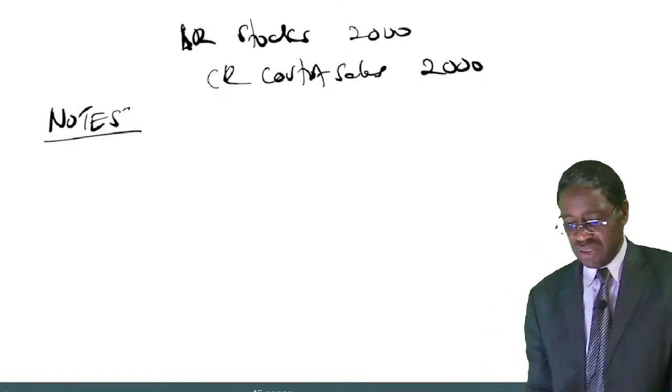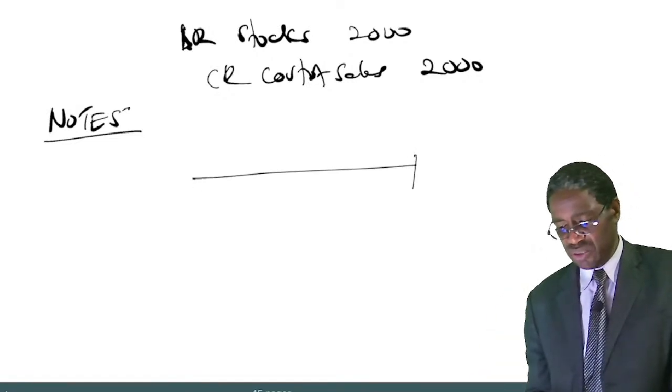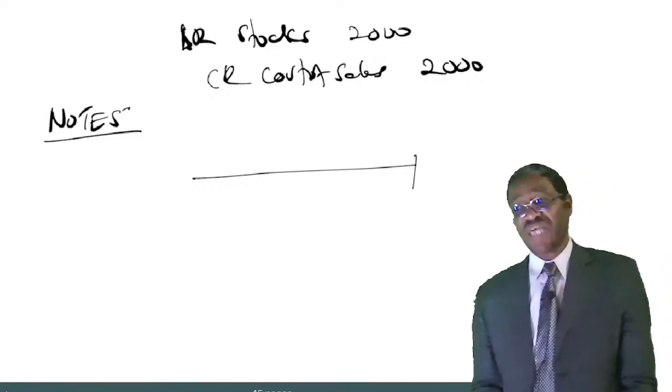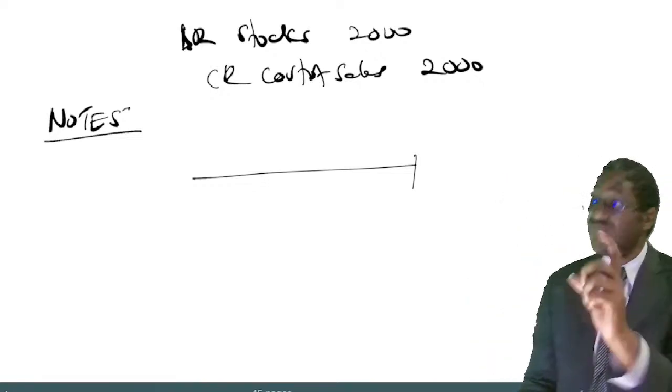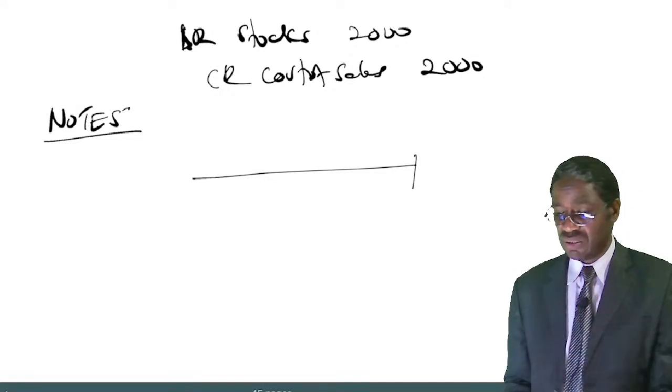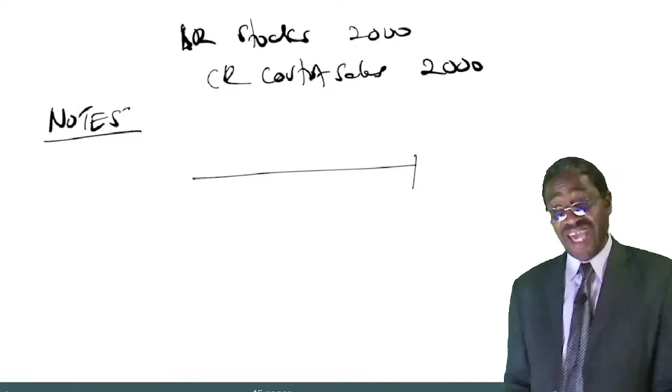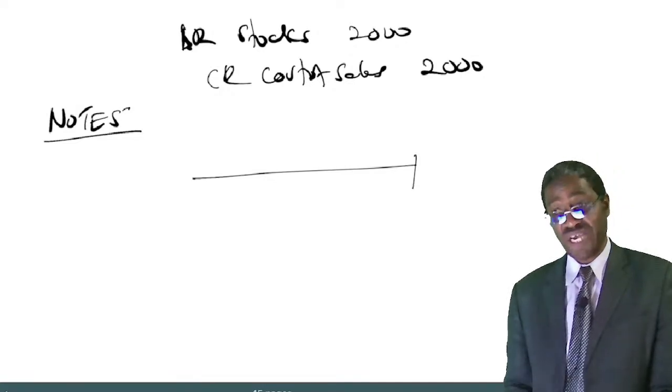Our company has a policy of revaluing its buildings at the end of each financial year.